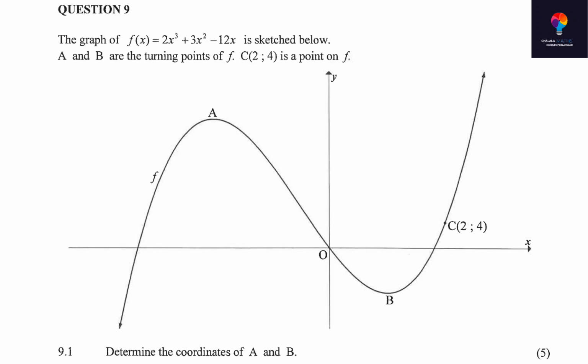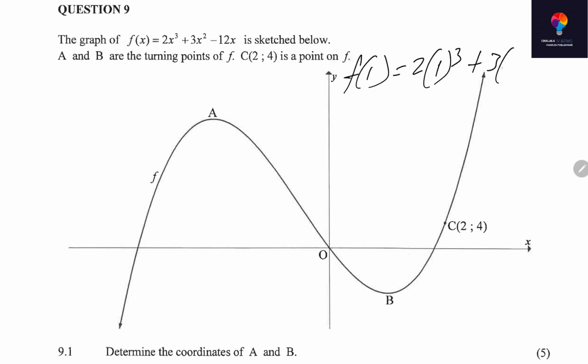So whatever we got as x coordinates for A and B, we're going to replace it in the equation of f, which of course will give us as follows. Remember, we got x is going to be 1, therefore our y is going to be, we're going to replace it in the equation, of course.